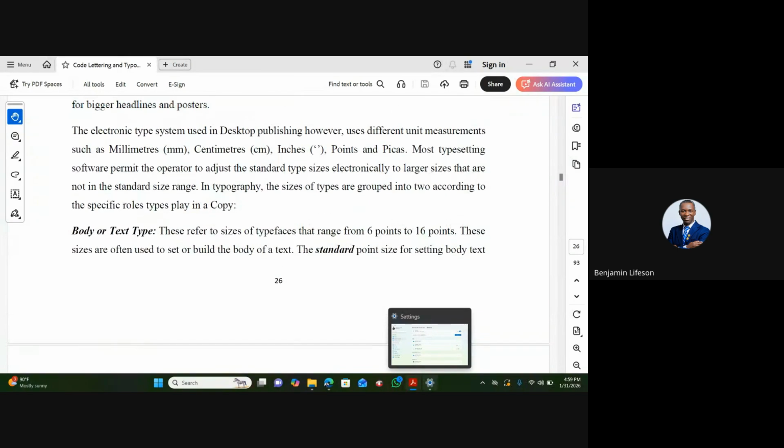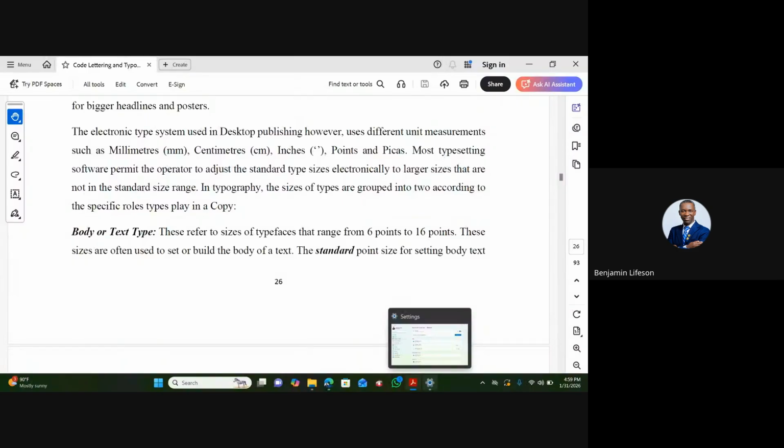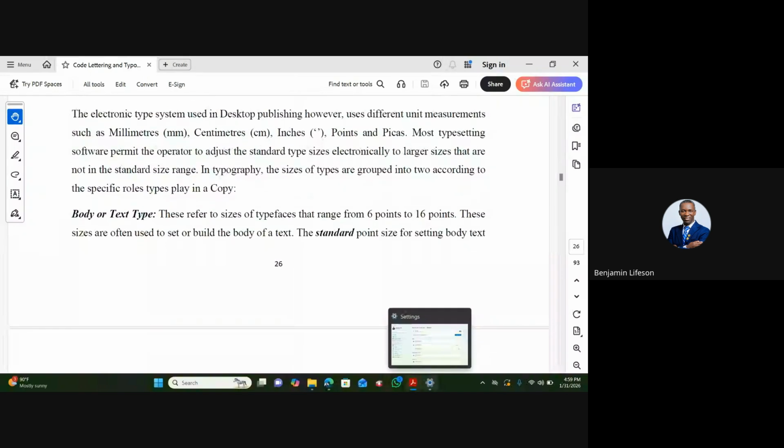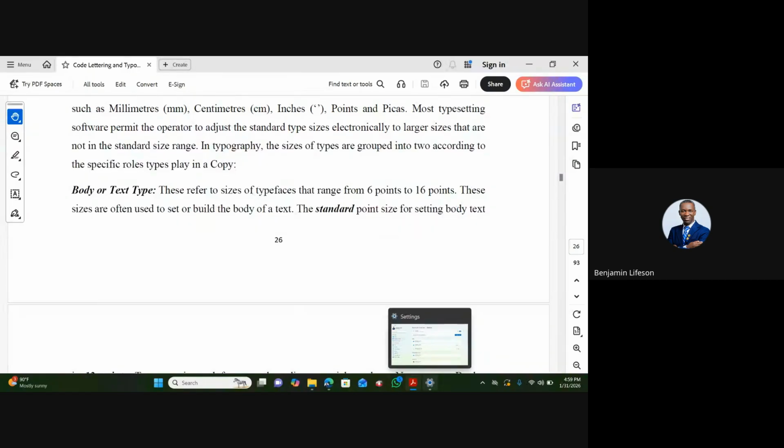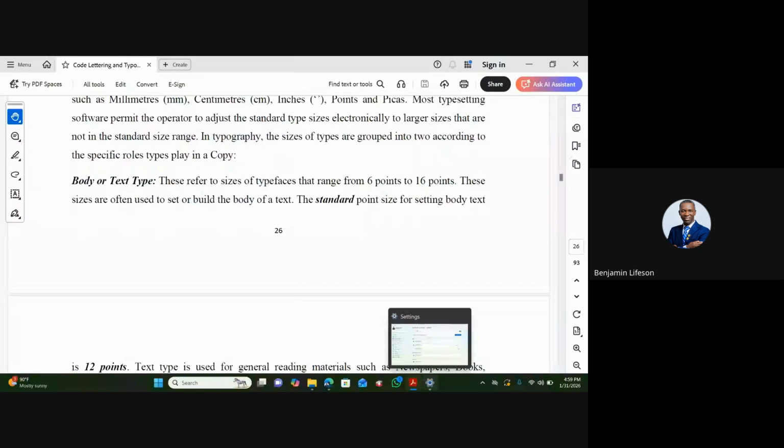Then we look at the body. All right, so we said that in typography, the sizes of types are grouped into two according to the specific rules. So we have the body or text type. These refer to sizes of typeface that range from 6 point to 16 points.